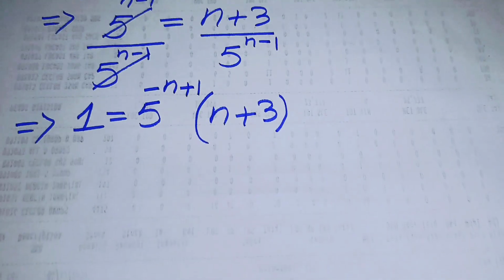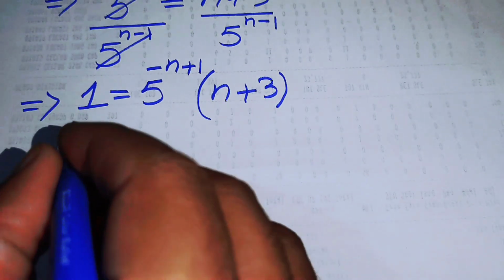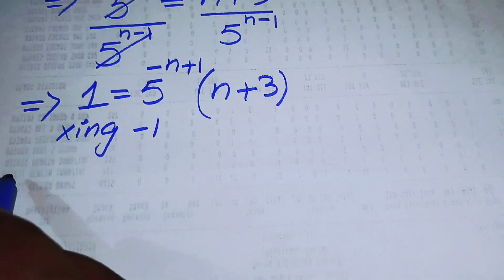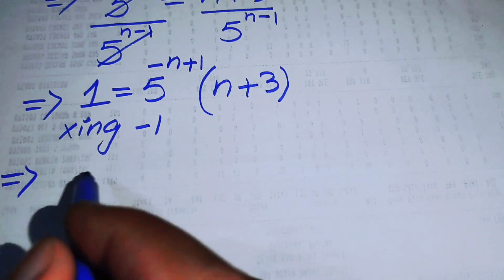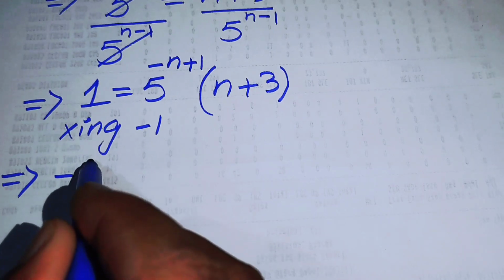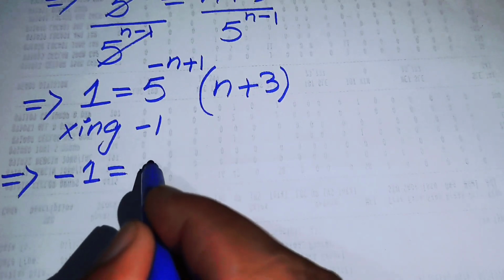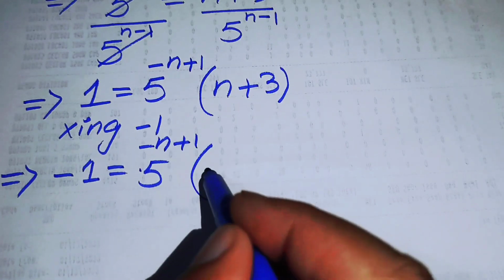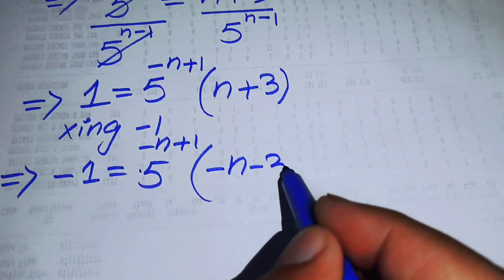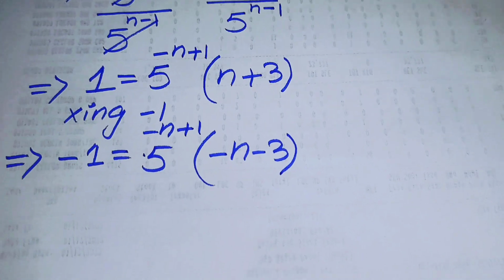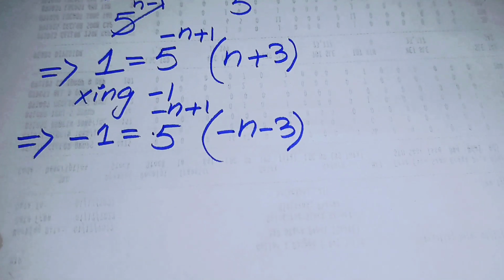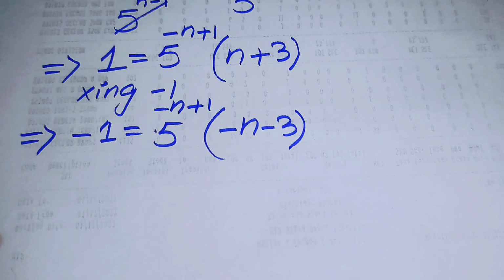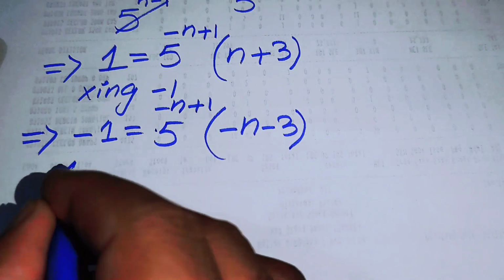After this step we can multiply both sides by minus 1. When we multiply both sides by minus 1, you will get minus 1 is equal to 5 to the power of minus n plus 1 into minus n minus 3. In the next step I can multiply both sides by 5 to the power of minus 4.